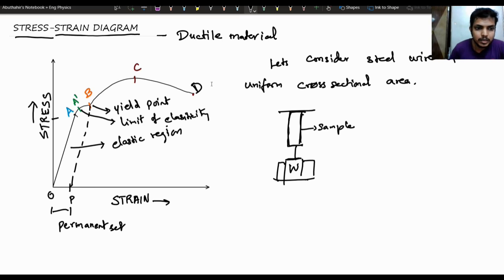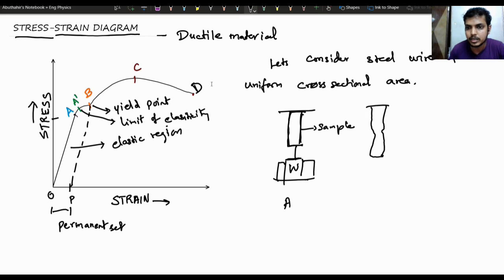Permanent set means there will be a change once I go beyond A. Up to the A region the material will be the same and the cross sectional area will not change. If it is extended, it will come back to its original shape. But when I take it to B, a small neck will be created in the shape.